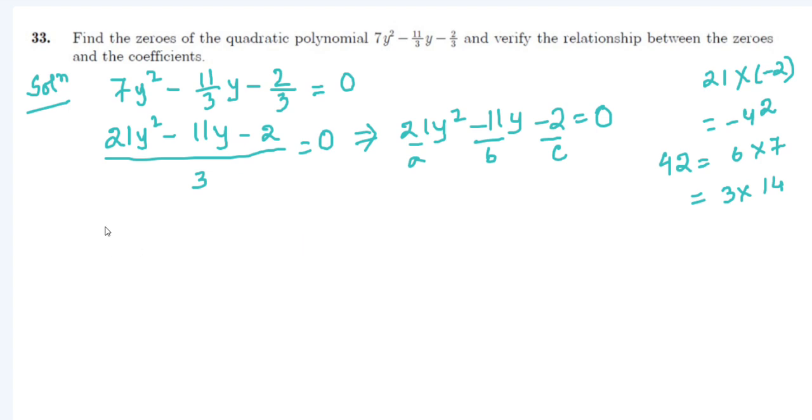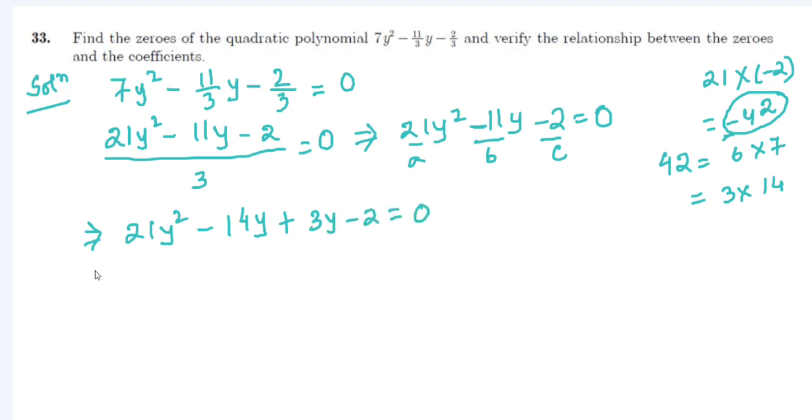So now let us do the factorization. Why do we need to do subtraction? Because A multiplied by C, look at the sign over here, is negative. So negative indicates that we need to do the subtraction. So 21y square, and since the sign is minus, we take the bigger value as minus 14y plus 3y minus 2 equal to 0.